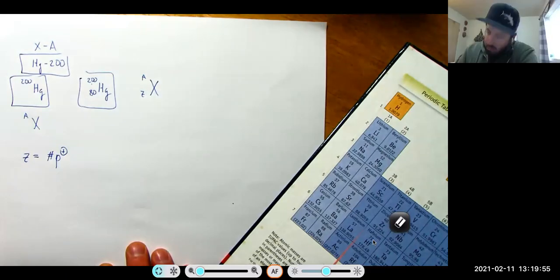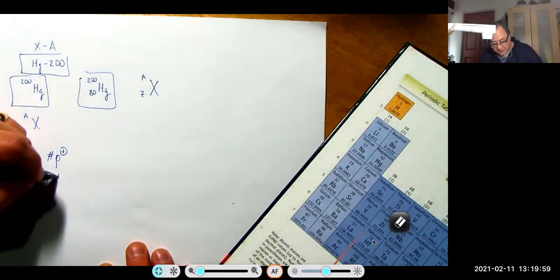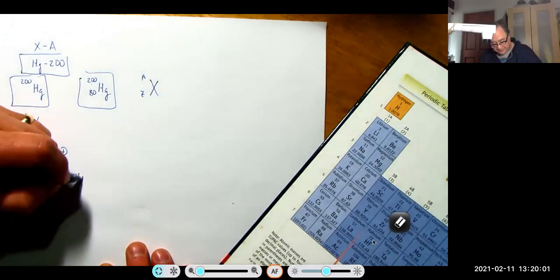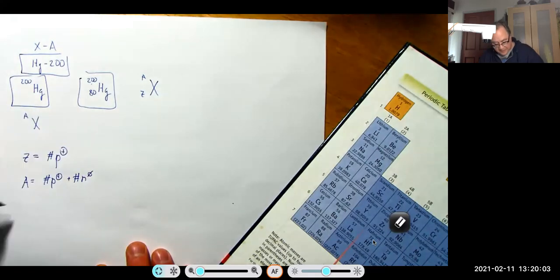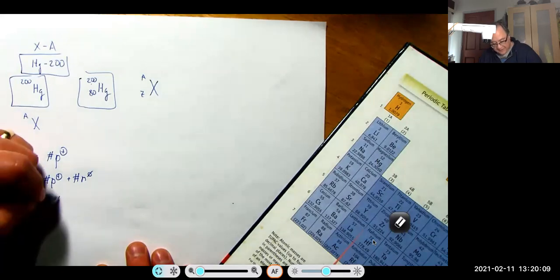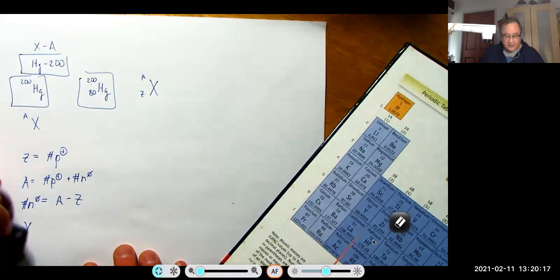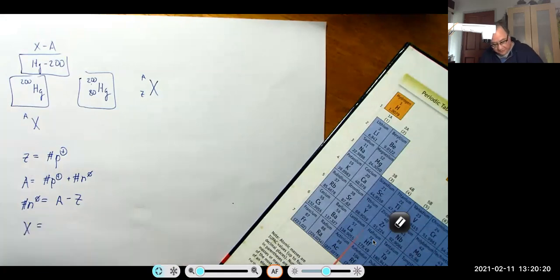The A is the number of protons plus the number of neutrons. And the number of neutrons is equal to A minus Z. And X is the symbol.